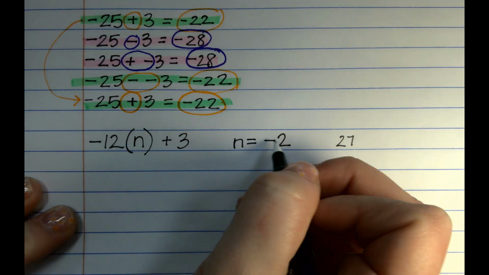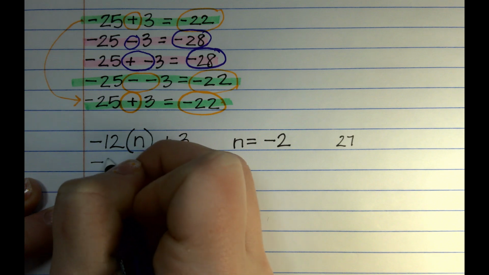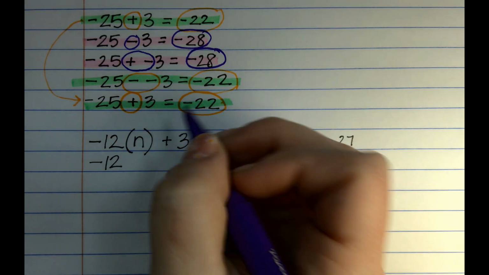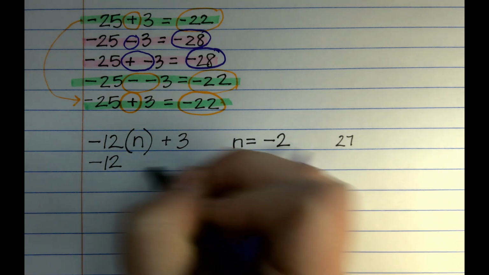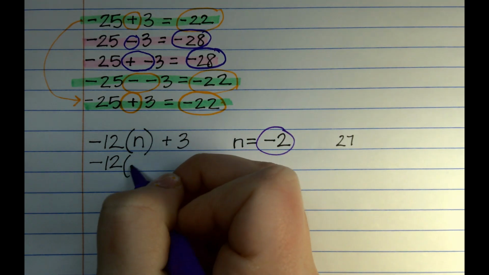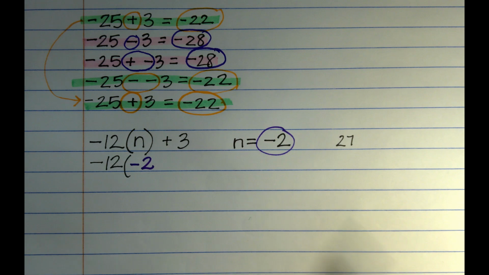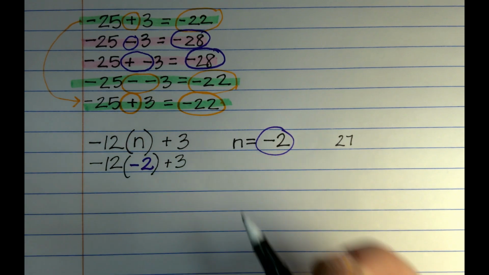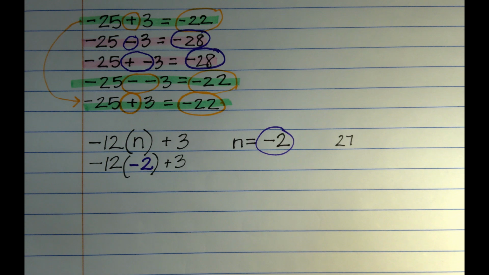Perfect. So let's replace n with negative 2. I'm going to write negative 12 times, instead of n, I'm writing negative 2 plus 3. So negative 12 times negative 2 plus 3.